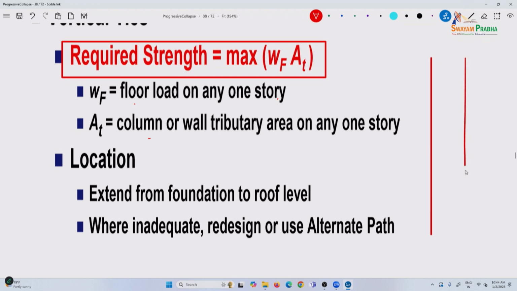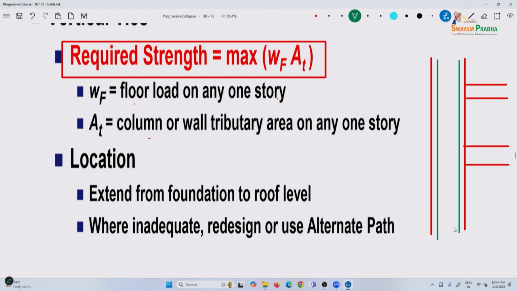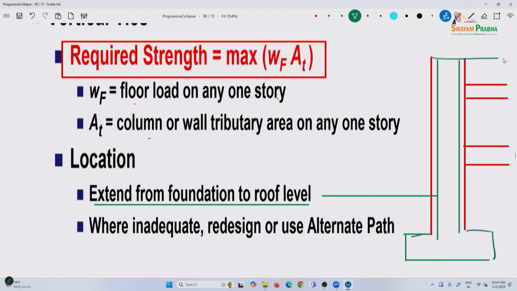So, when you provide these ties, you are making sure if you have multiple levels, these ties are going all the way. So, extend from the foundation to the roof level. So, this is your roof. So, the ties without any break.